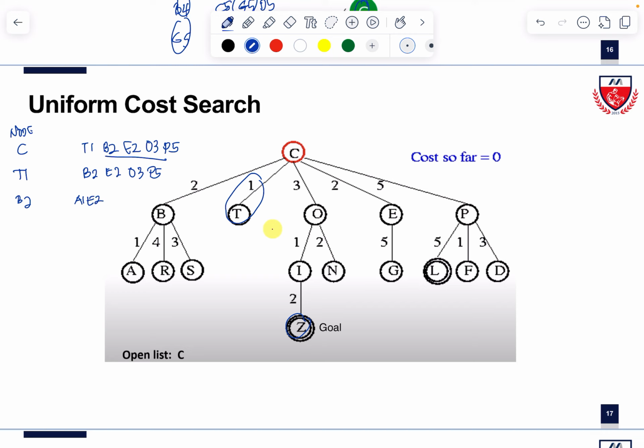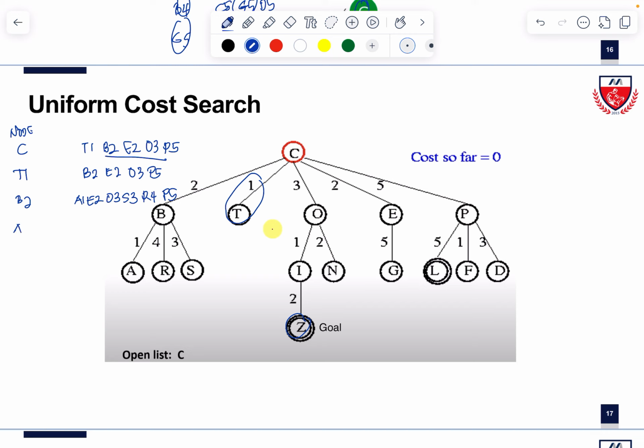Next is O3, S3, R4, and P5. As you can see, what I did is arrange the paths from the lowest path cost up to the largest path cost.